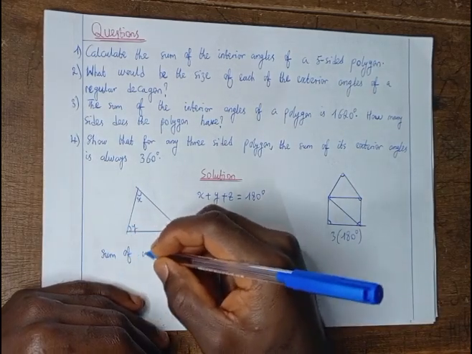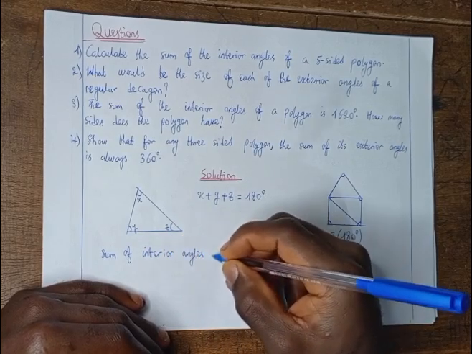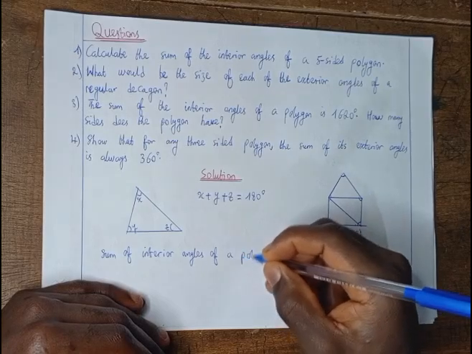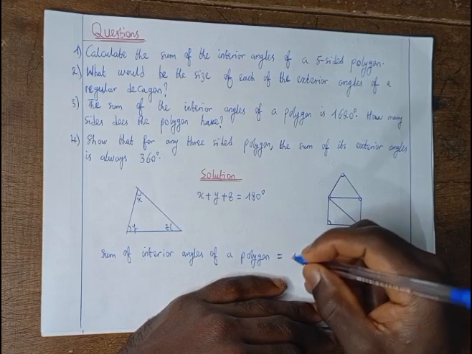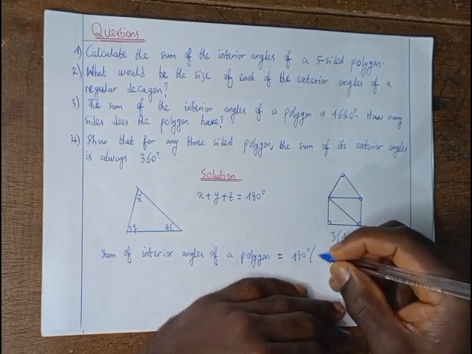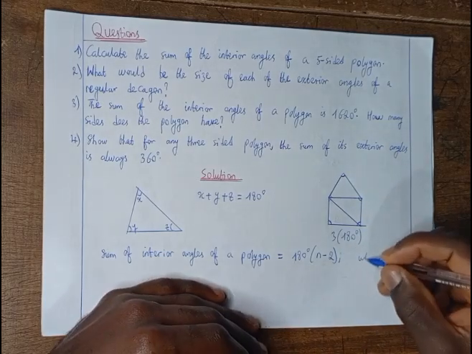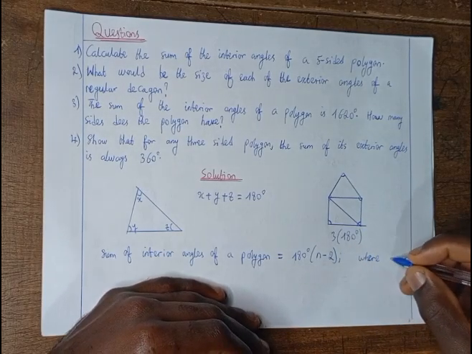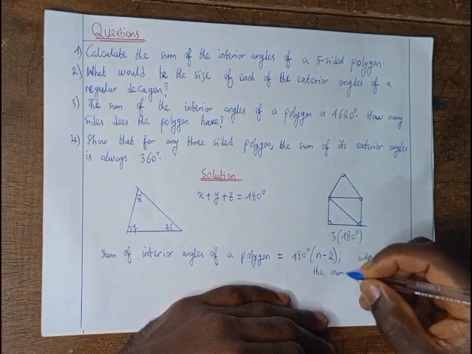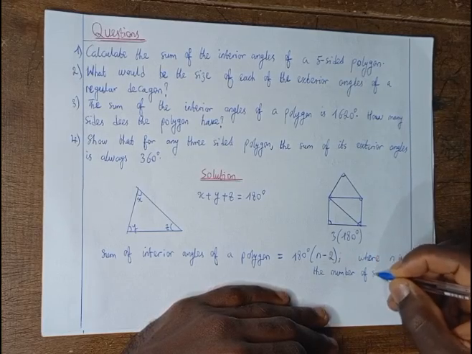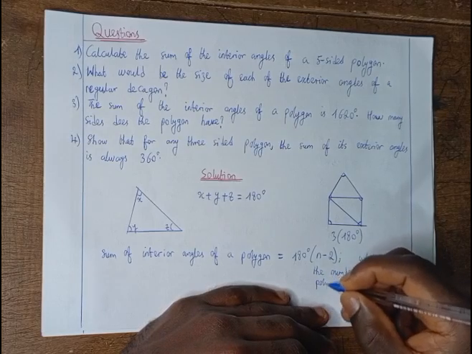Sum of interior angles of a polygon is equal to 180 degrees times n minus 2, as such, where n is the number of sides of the polygon.